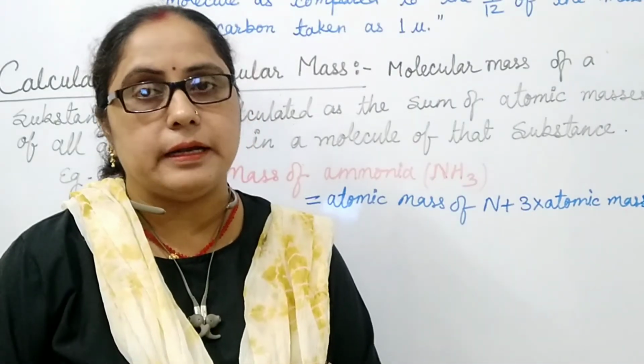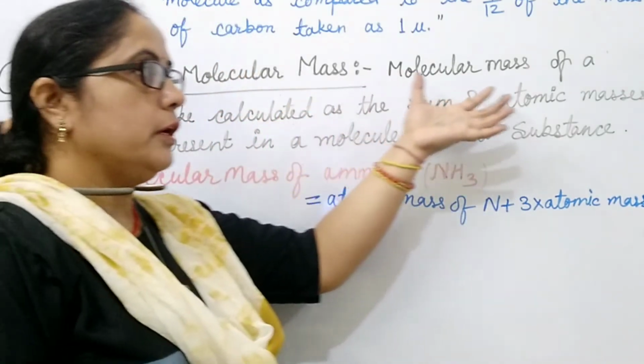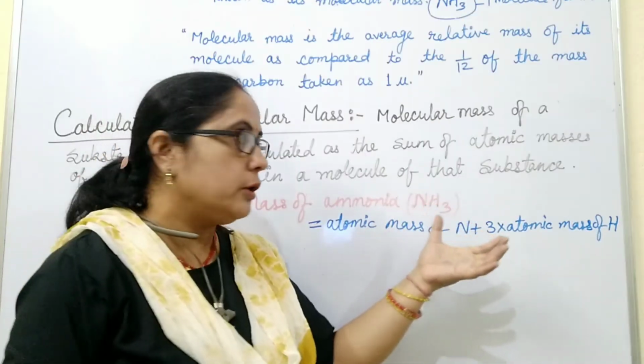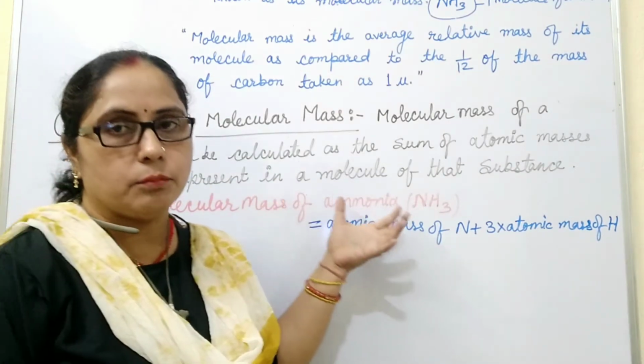Now how can we find the molecular mass? The molecular mass of a substance can be calculated, as I told you, as the sum of the atomic masses of all atoms present in a molecule.